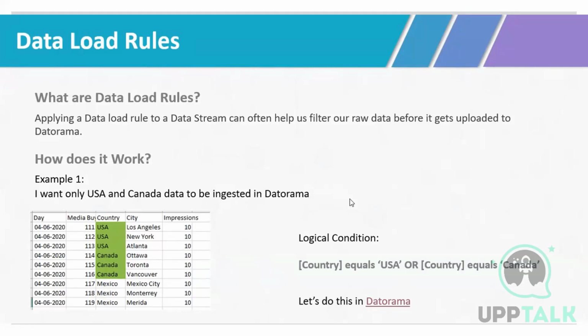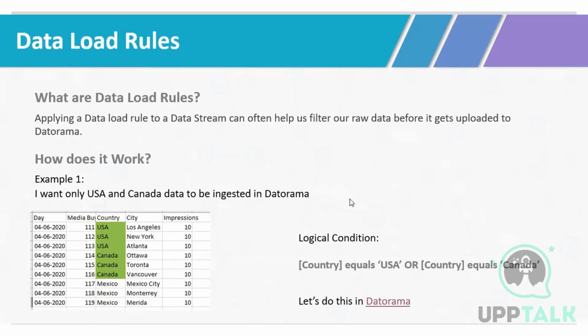So that will be giving me the data when I want data for the two countries. Are we good? Yes, Ram. Okay. So country equals to US or country equals to Canada is going to give us this.